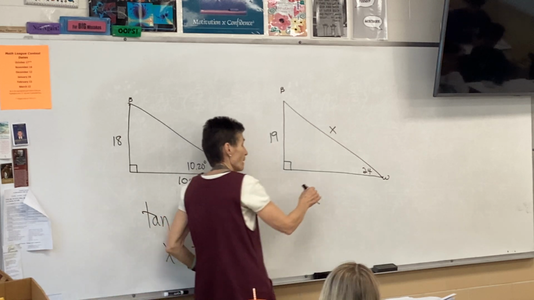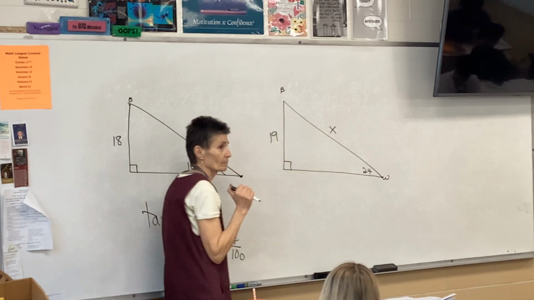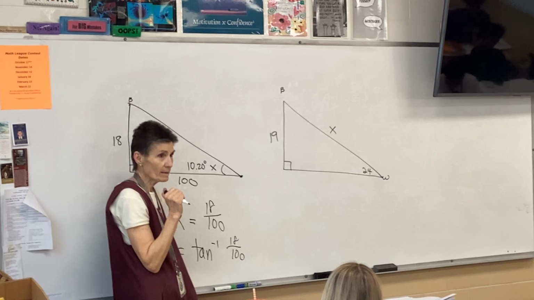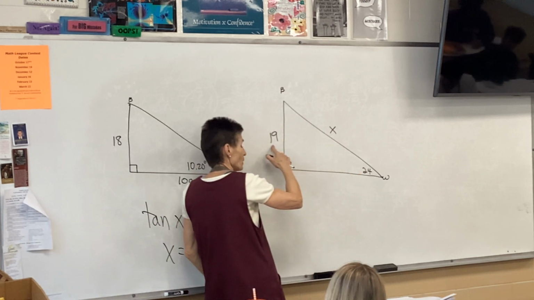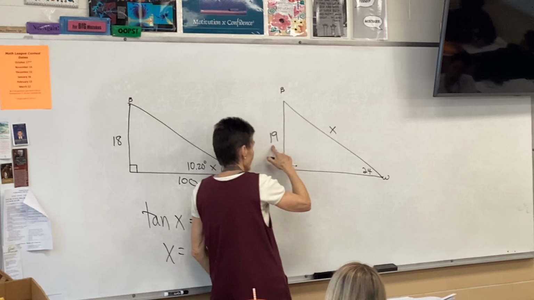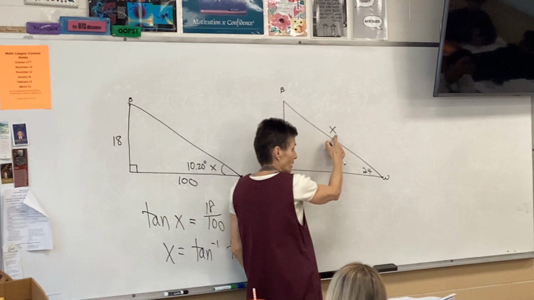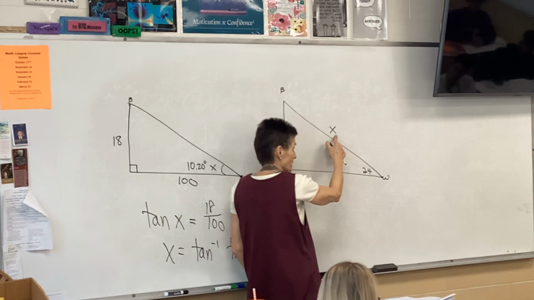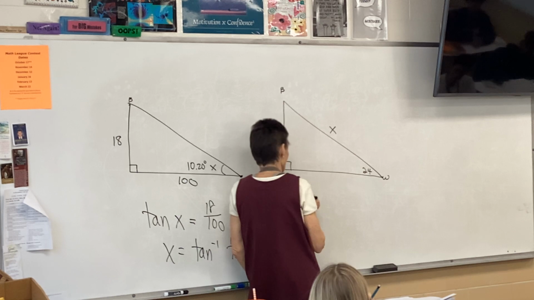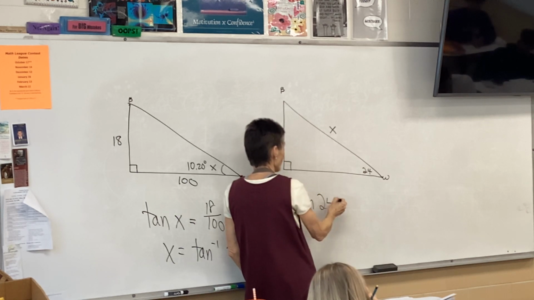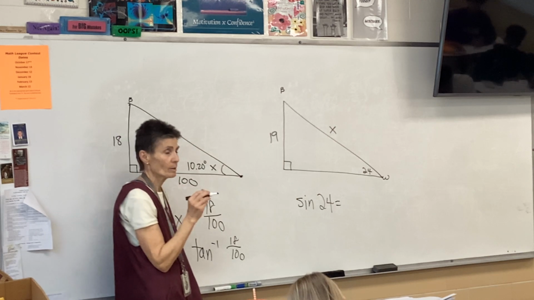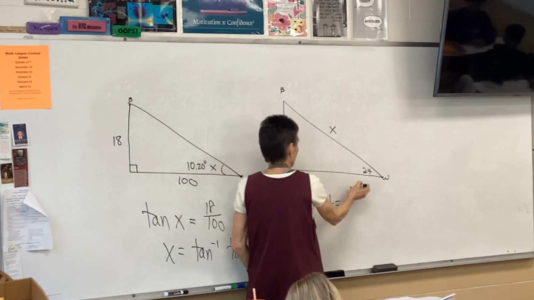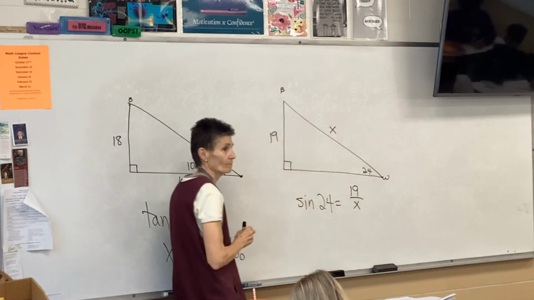Okay, so here's my angle. Right? Which sides do I have? I have this one, which is opposite. I have this one, which is hypotenuse. So this will be sine, cosine, or tangent? Well, you have sine. Sine 24, always put the angle with the sine. Sine 24 equals opposite over hypotenuse.